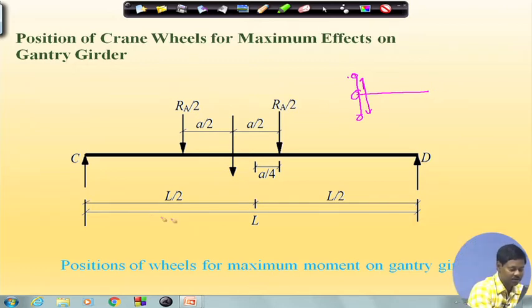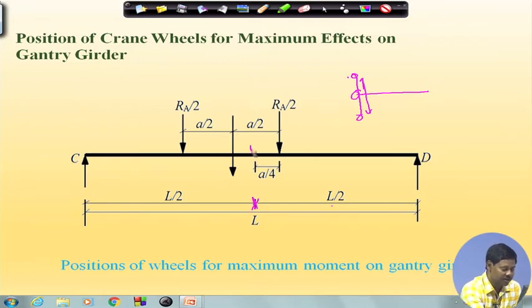If L is the length of the gantry girder, then the mid span length will be L by 2, right. Now, if we put the wheel position such that the CG of the wheel and the other wheel is at mid distance from the center of the span, then it will be the maximum.